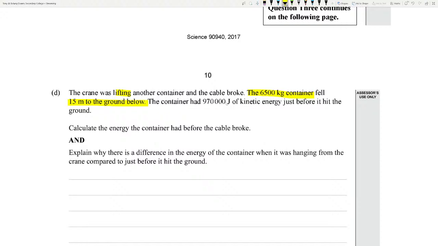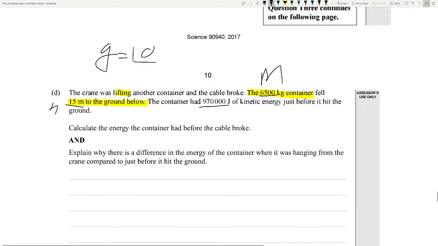Remember, EP equals mgh. The mass is right here. This is mass. This is h. g equals 10. So straight away you can calculate EP. 16,500 times 10 times 15. That gives you EP. All right, and that means all of that EP will convert to EK.